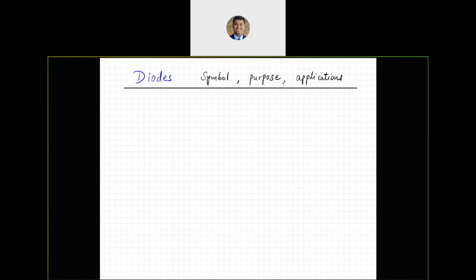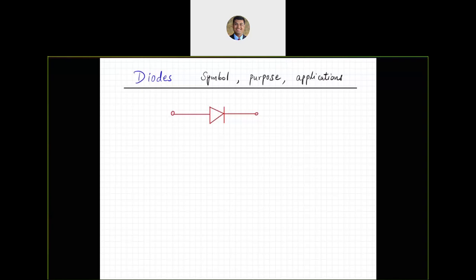So as far as the symbol is concerned, you are going to have a triangle followed by a flat line and then the other terminal. So you've got two terminals here that are connected by a two-terminal element that has a triangle on one side and a flat line on the other side.